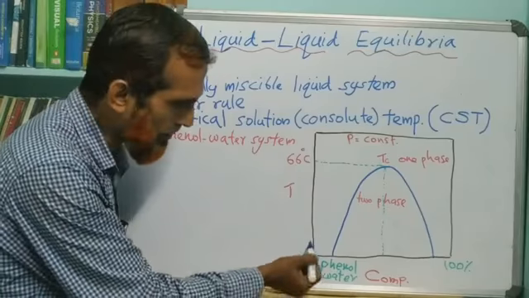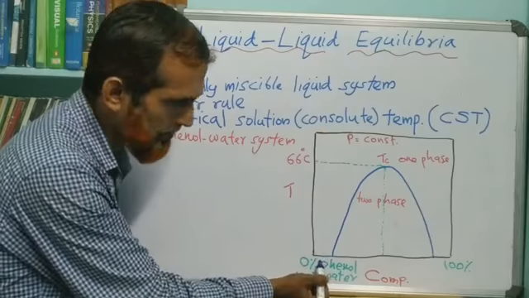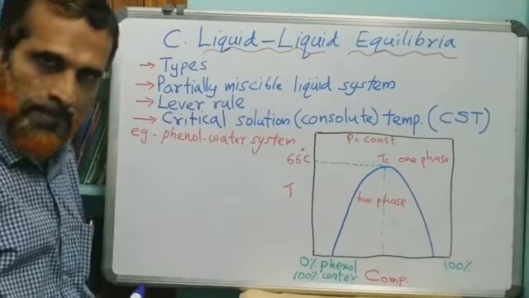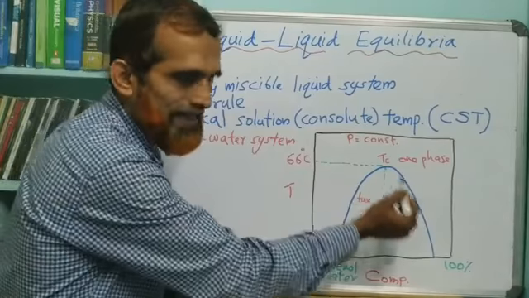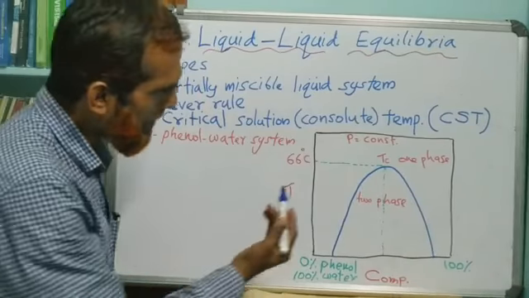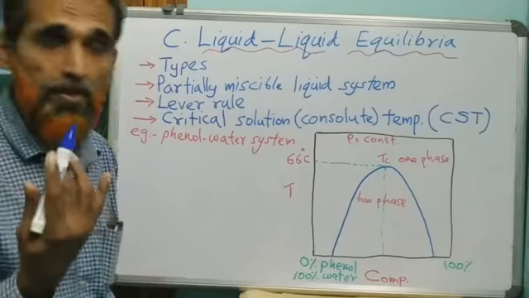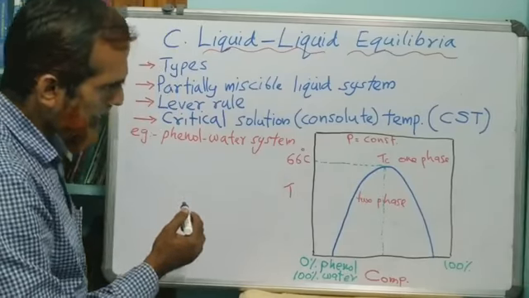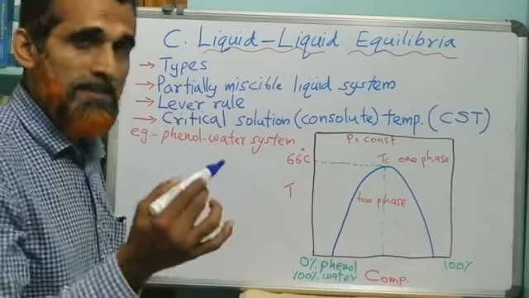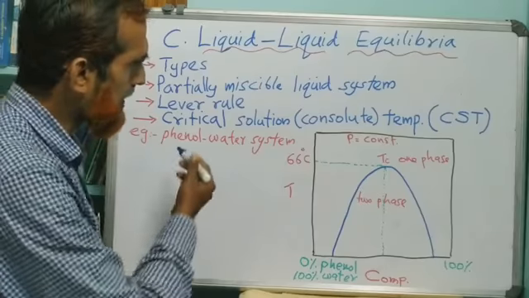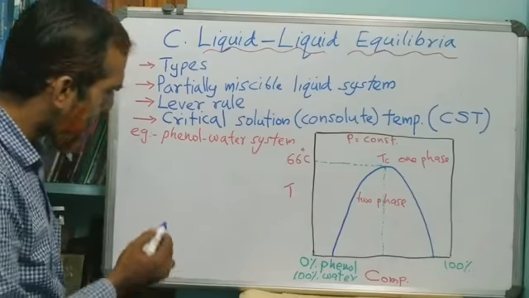This is 100% water or 0% phenol, 100% phenol and 0% water, and it is a parabolic curve. We can draw various information from this graph. It's a very interesting example, that is the water phenol system.